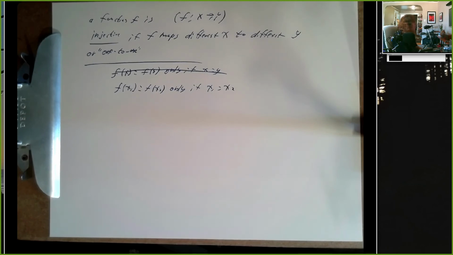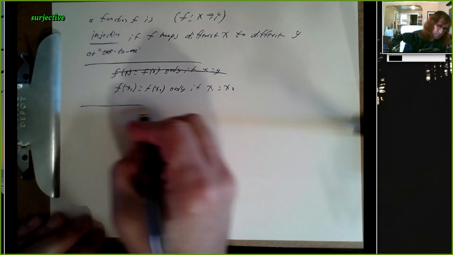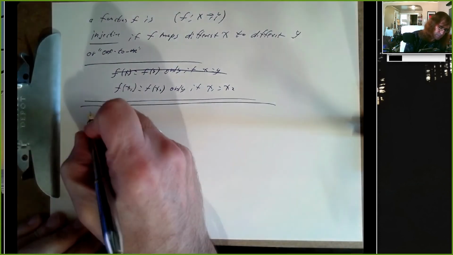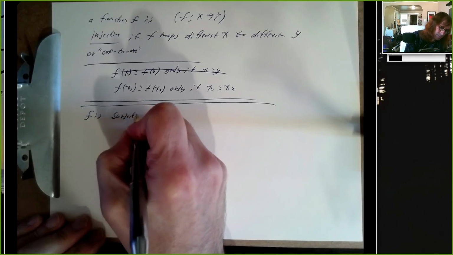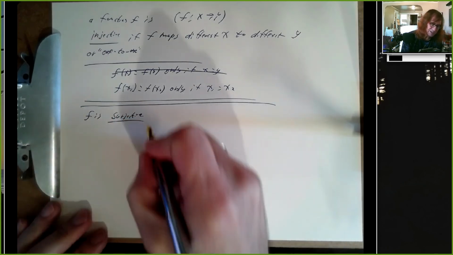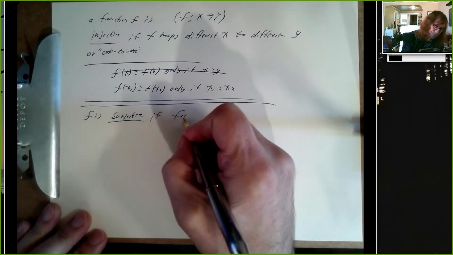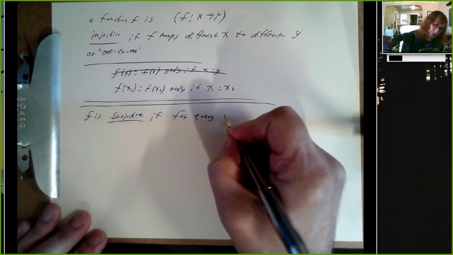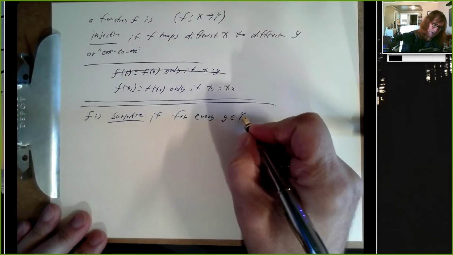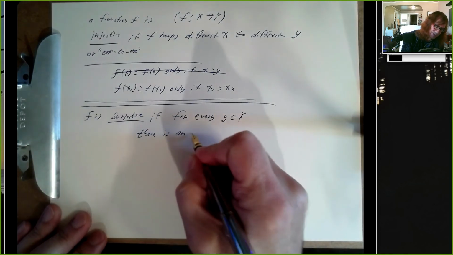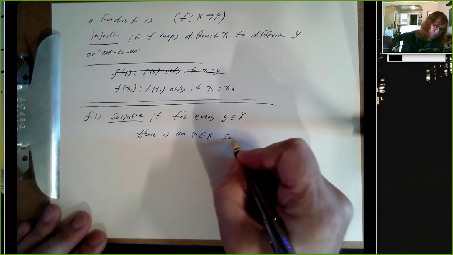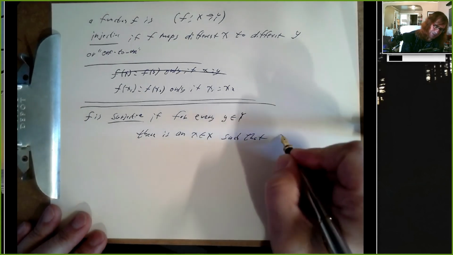The next kind of function we can talk about is surjective. So f is surjective if for every point y in the codomain Y, there is some x in the set X such that f of x equals y.